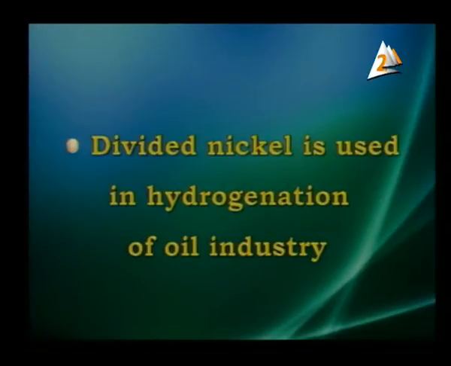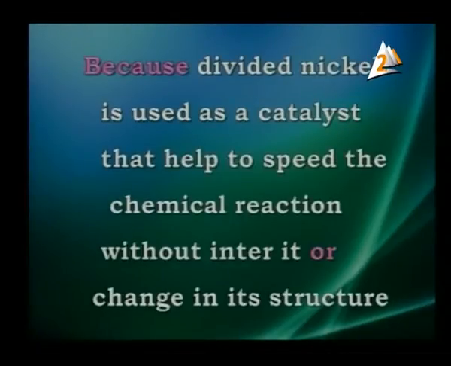Another one, divided nickel is used in hydrogenation of oil industry. It's very clear. We have a type of pieces of nickel. We know this before because divided nickel is used as a catalyst. What's meant by catalyst? It helps to speed the chemical reaction without entering or changing its structure, its mass, or any change in color or volume.